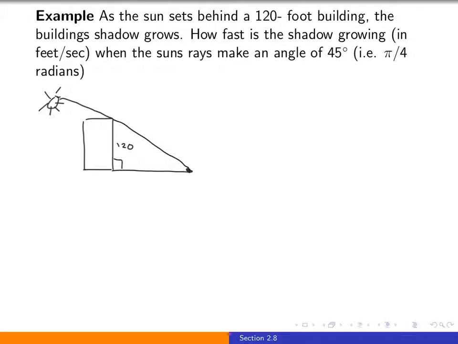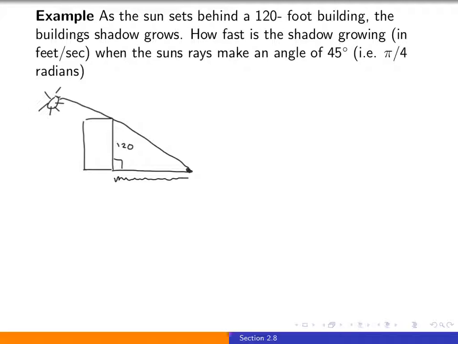And what we would like to determine here is how fast the shadow is growing when the sun rays make an angle of 45 degrees. Okay, so the shadow is going to be right here, cast by the building. And we would like to know the rate of change, how quickly that shadow is growing.